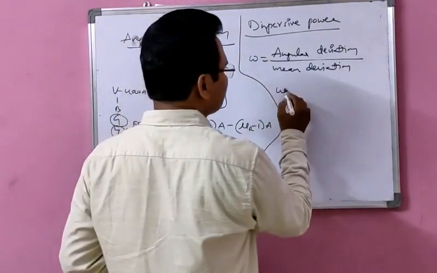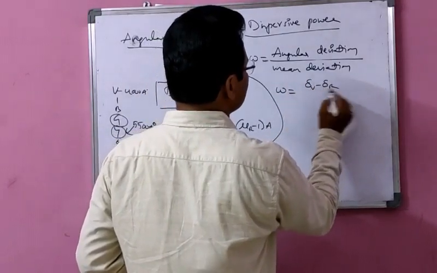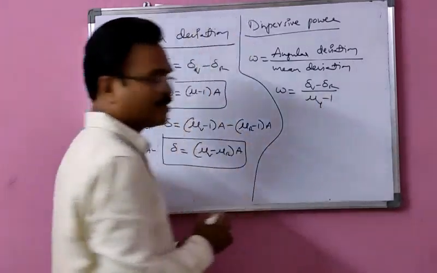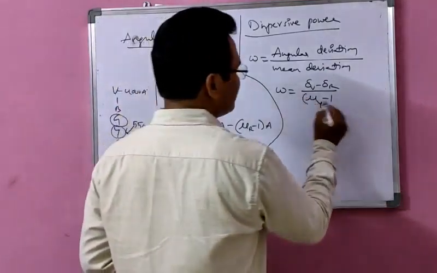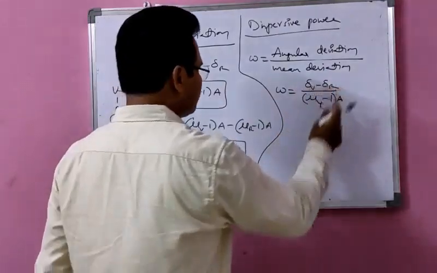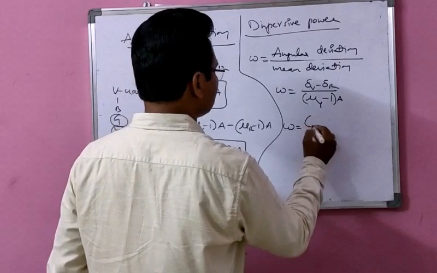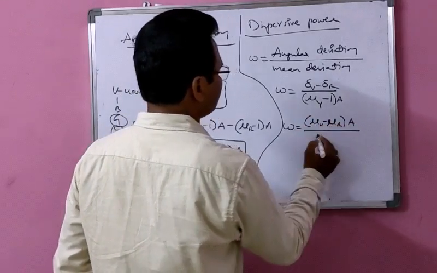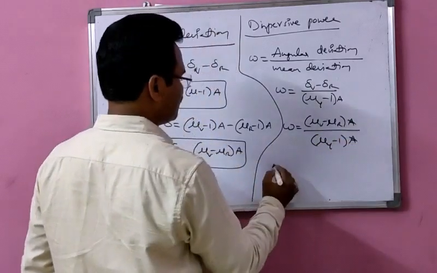So omega equals, what can we write here? (Delta V minus delta R) by (mu yellow minus 1). Mean deviation means the deviation produced by the yellow color. And delta V minus delta R, we already got. So omega equals (mu V minus mu R)A divided by (mu Y minus 1). So A cancels out.